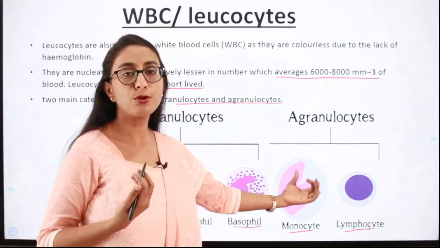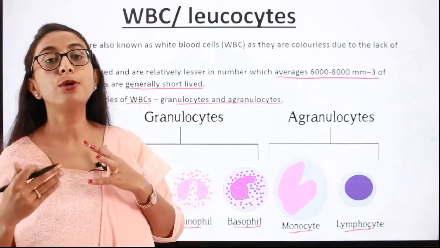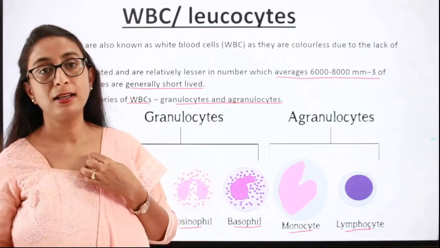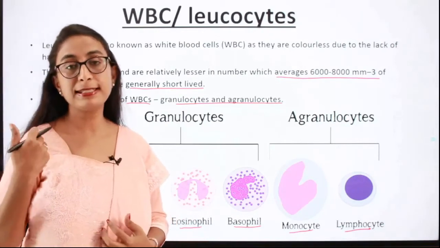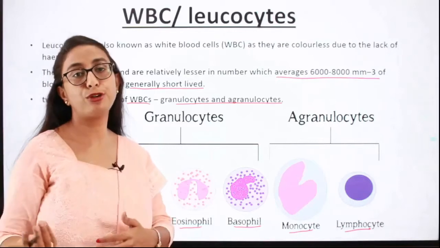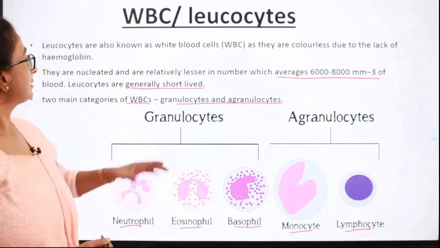So what is monocyte? See, monocyte, these are the cells which control the natural killer cell differentiation to different effector phenotypes. Okay. So did you understand about WBC?